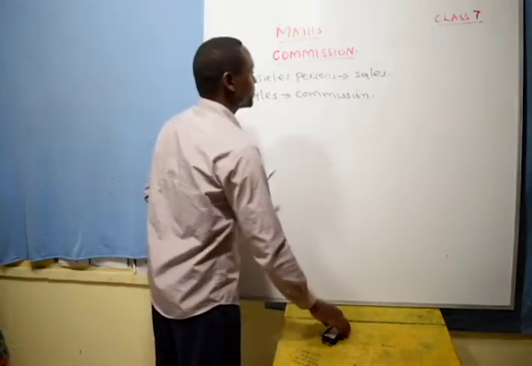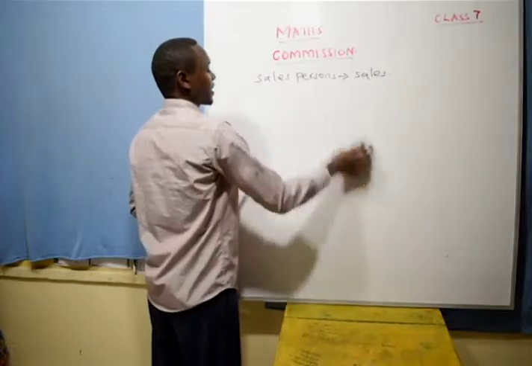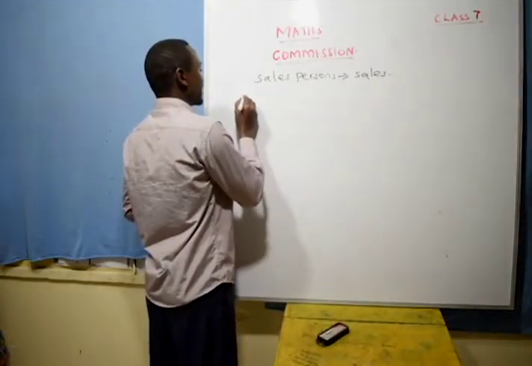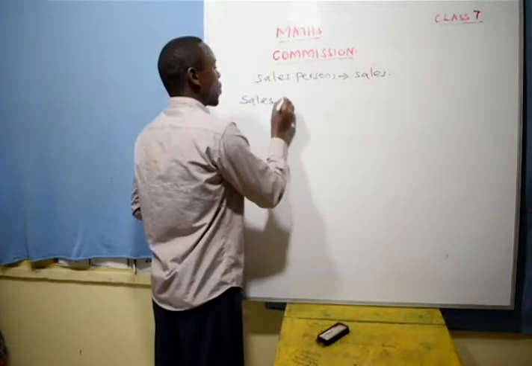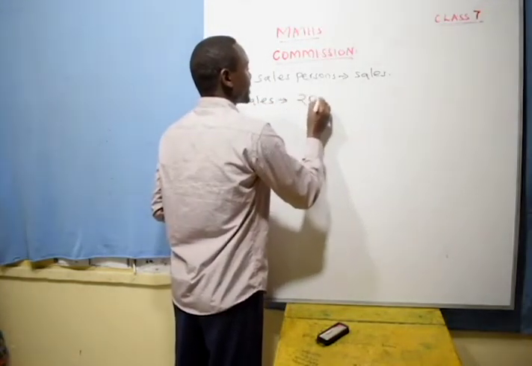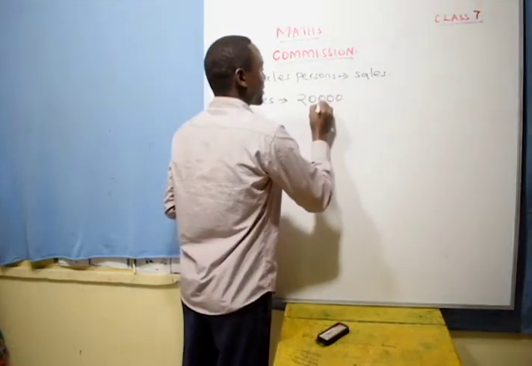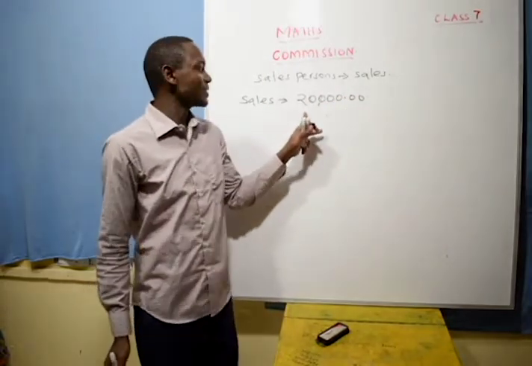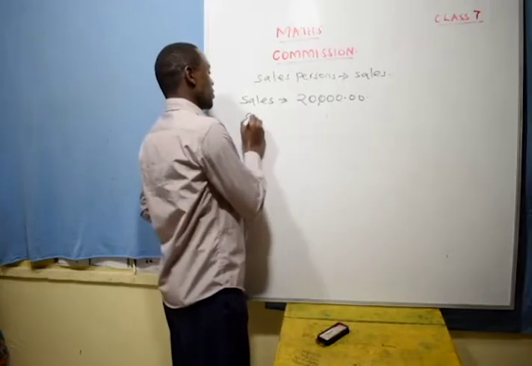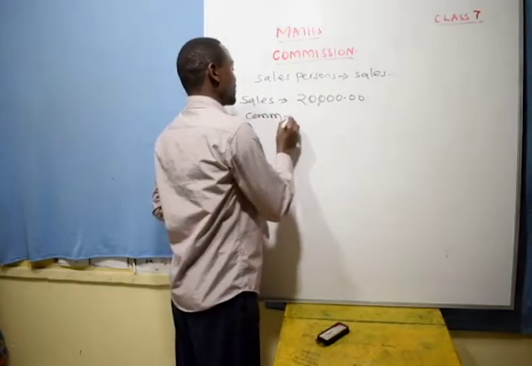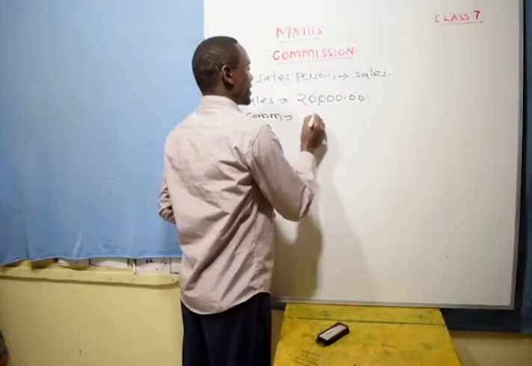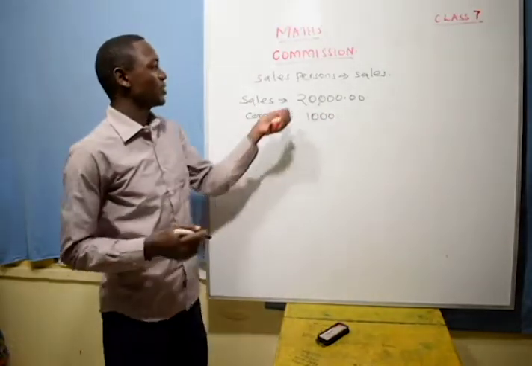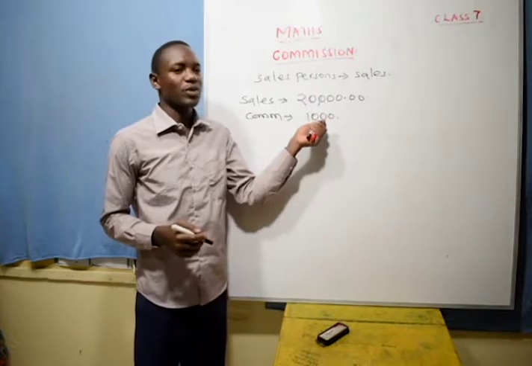For example, you sell goods worth 20,000 shillings. Out of every 20,000 shillings, I'll give you a commission of 1,000.